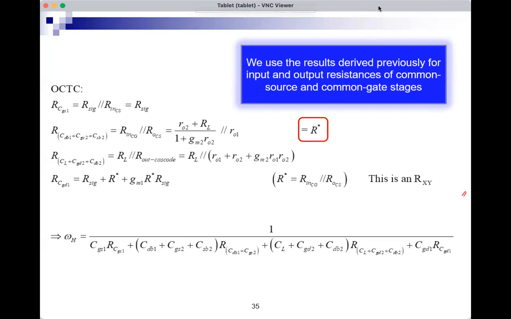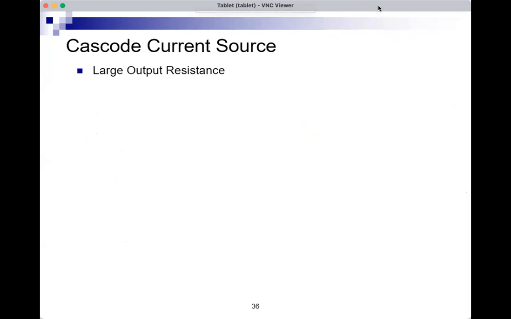Okay, one result that we got from the cascode is the output resistance. The output resistance of the amplifier was rO1 plus rO2 plus gm2 rO2 rO1.